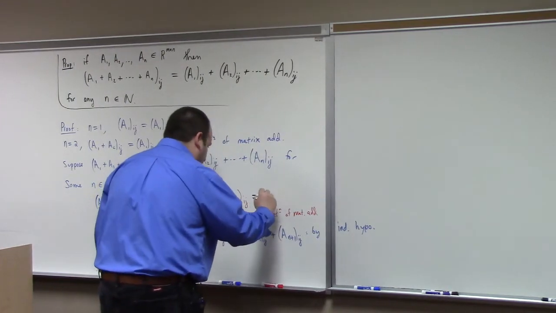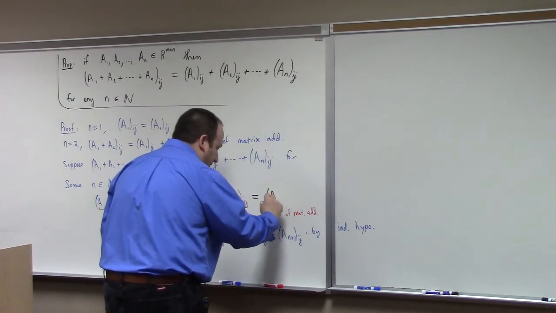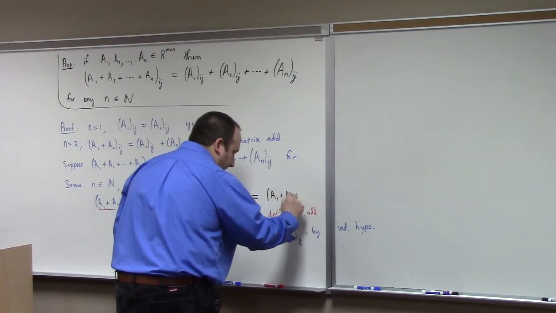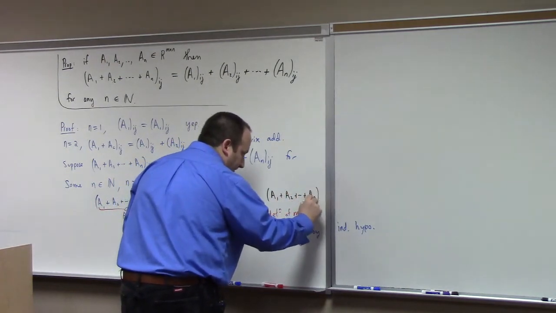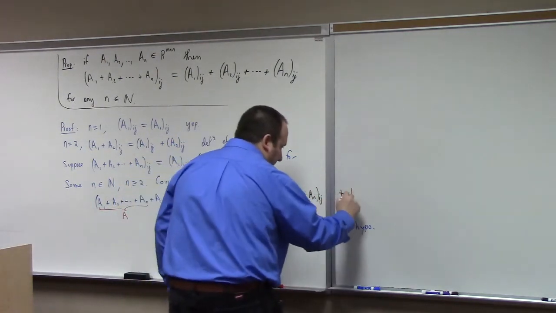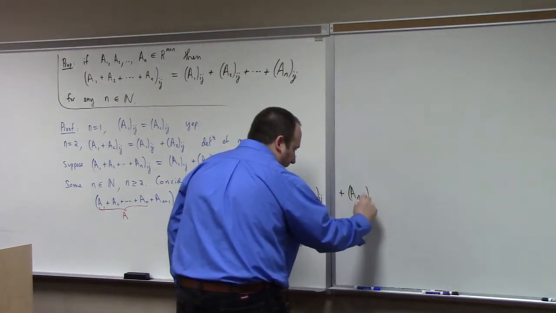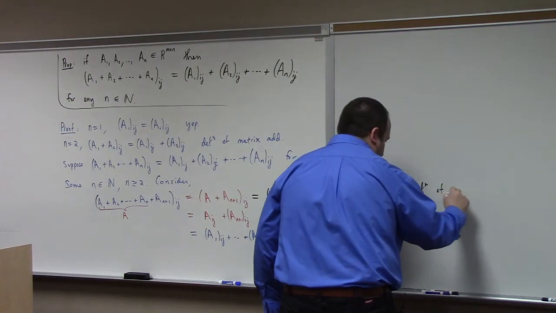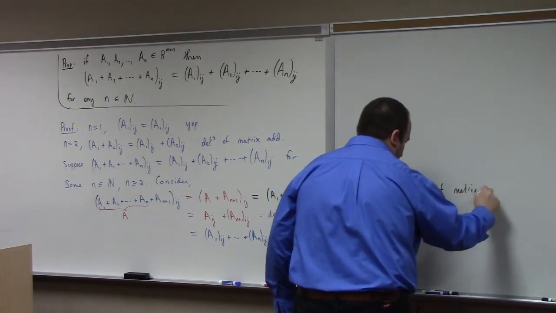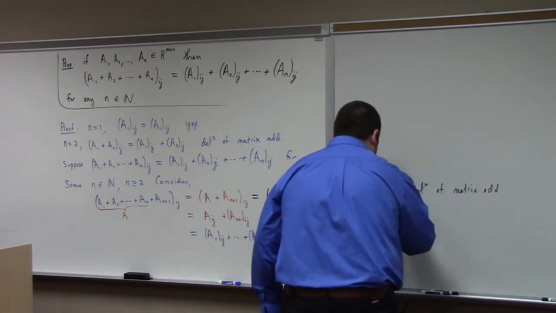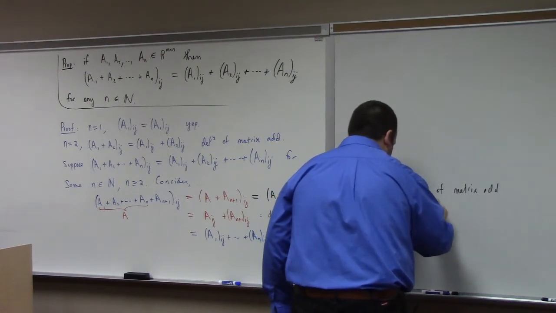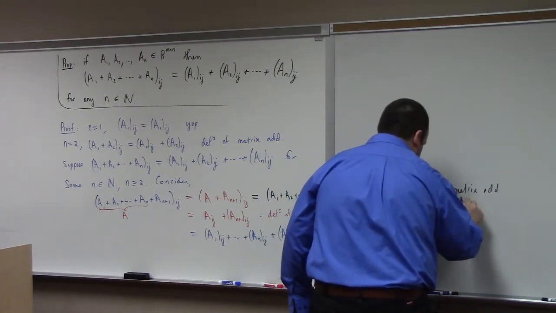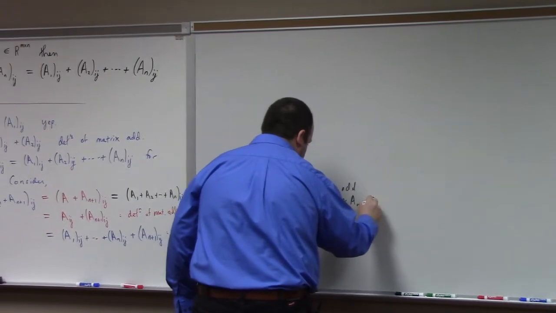There's another notation for the same thing: (A1 + A2 + ... + AN)_ij + (A(N+1))_ij by the definition of matrix addition applied to A1 + A2 + ... + AN and A(N+1).